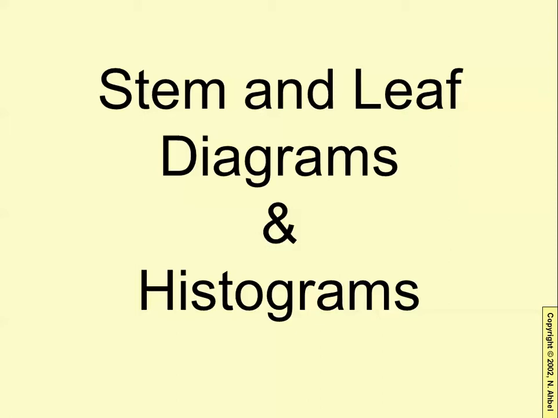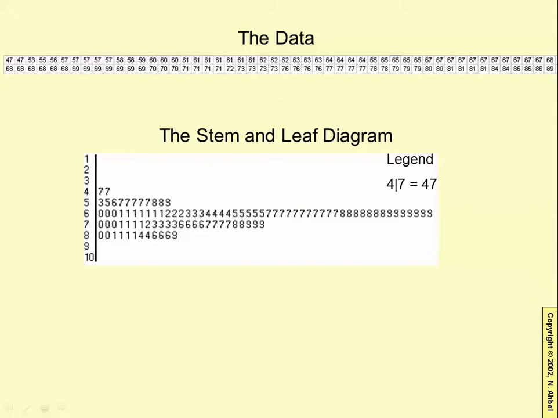Stem and leaf diagrams and histograms are two other displays that can be used for univariate data sets. So here's a data set where each number represents one point on the stem and leaf diagram.